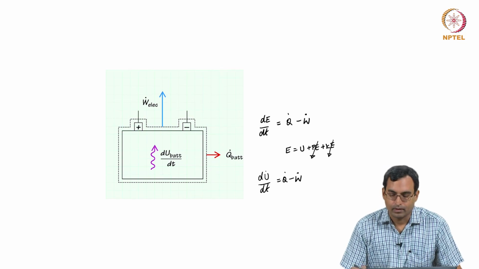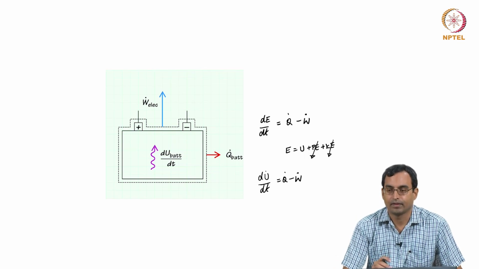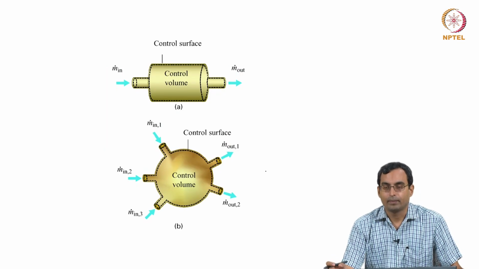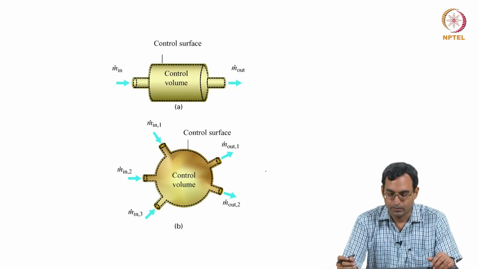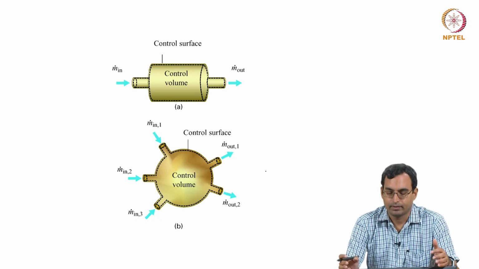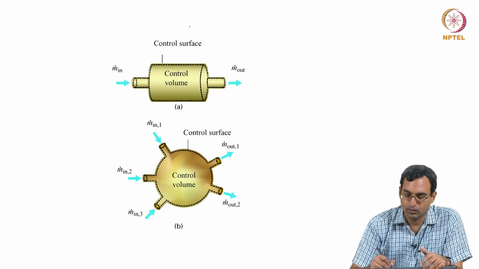So, this is for a control mass where the mass itself is fixed even though the energy is changing with respect to time. The more common kind of a scenario is where we have the mass as well as energy changing with time, and we usually deal with these things in the form of control volumes.